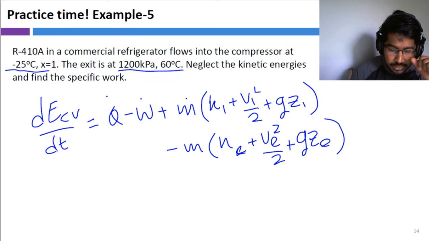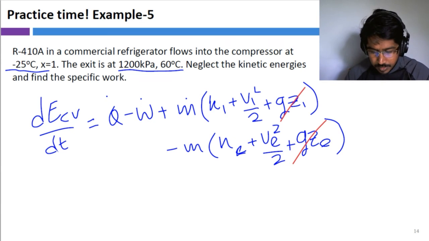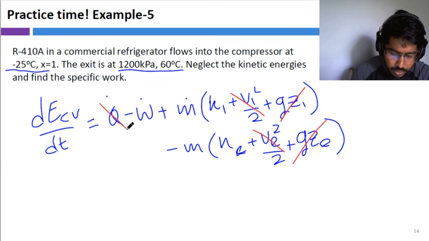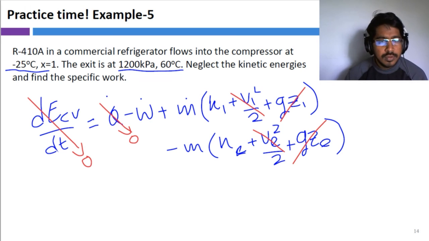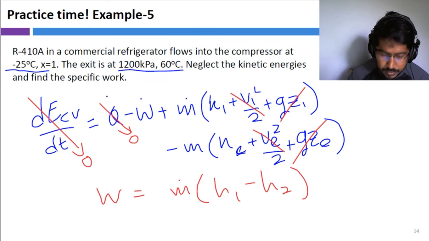So assuming negligible potential energy, we can get rid of these two, and assuming the velocity change is not significant, we can get rid of these two, and assuming adiabatic operation, we can get rid of the heat term, and assuming steady state operation, we can get rid of this one. So basically we are left with W equals m dot times (H1 minus H2).